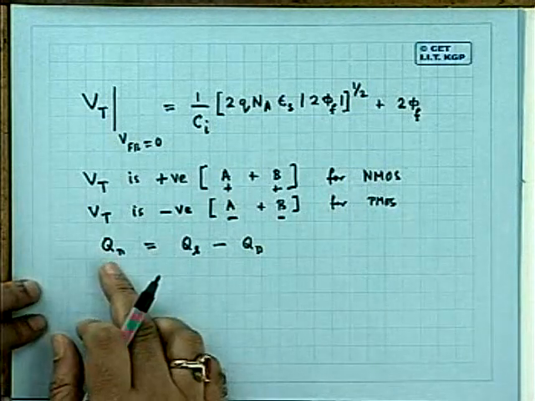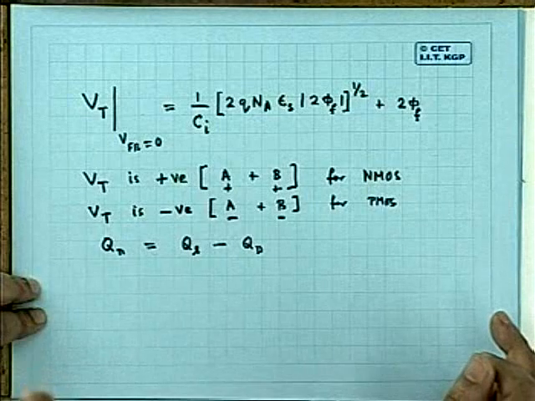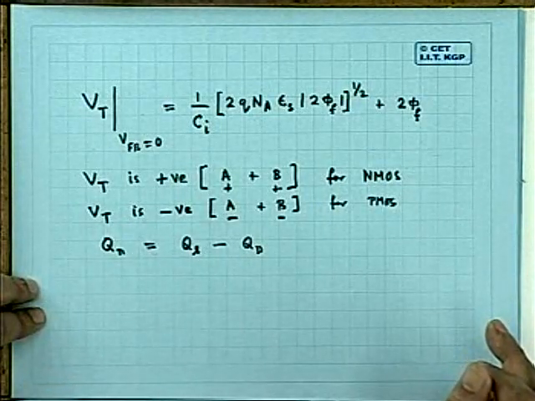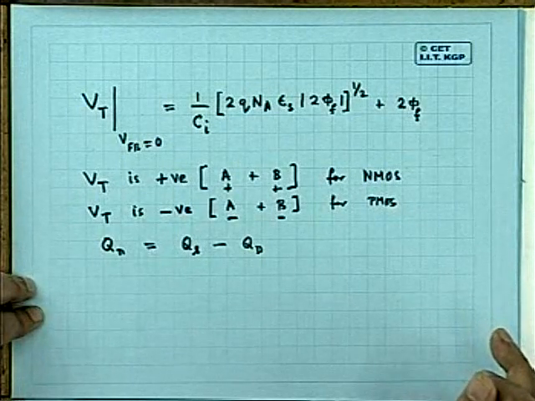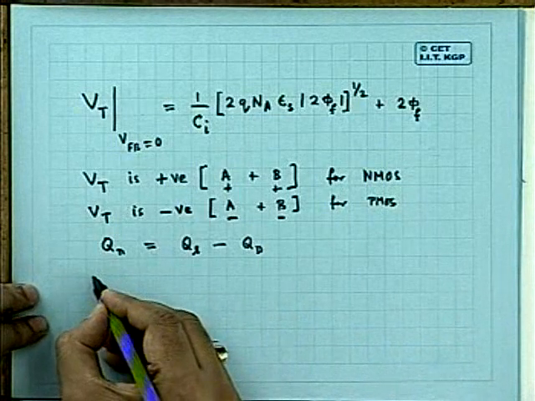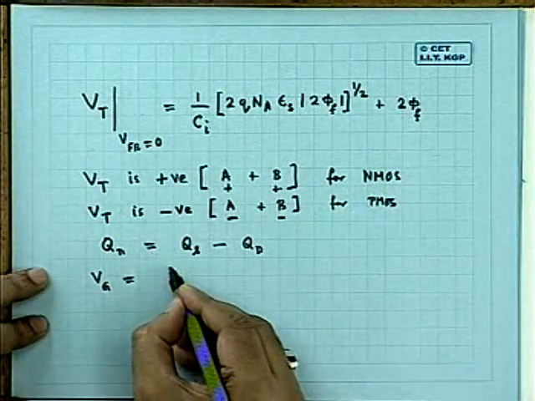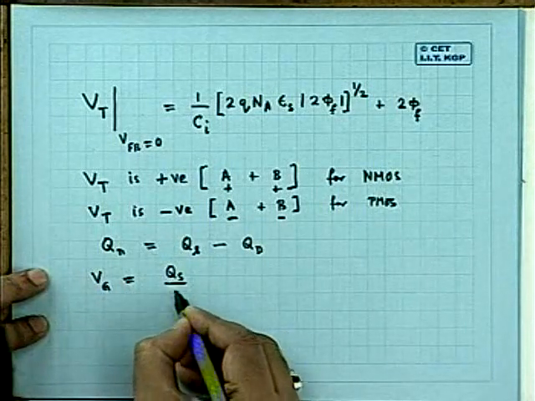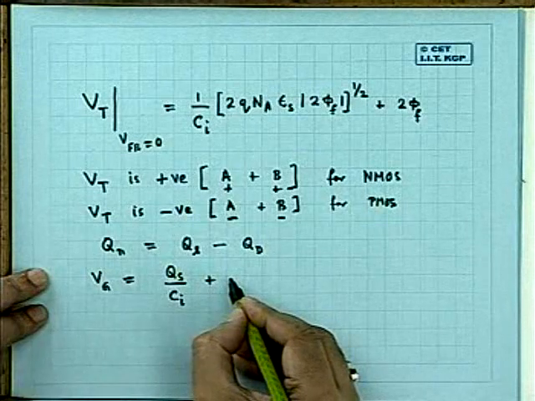And I am interested to compute the value of Qn. What has to be done? You note that our total gate voltage V is Qs by Ci plus psi s.